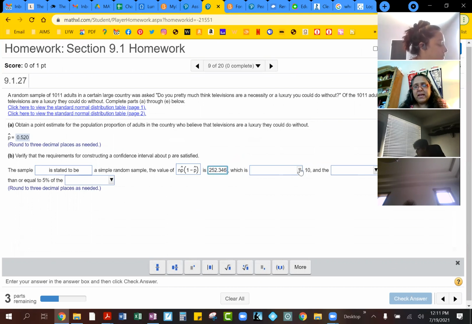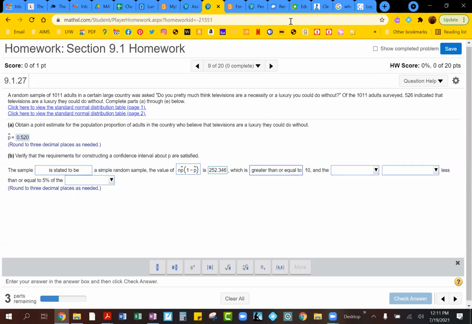All right, and then they're telling us which is, of course, this is greater than or equal to 10 because that's one of our requirements. It has to be greater than or equal to 10. And the sample size, I would say, can be assumed to be less than or equal to 5% of the population size, because honestly, like I said, we don't know what country this is.